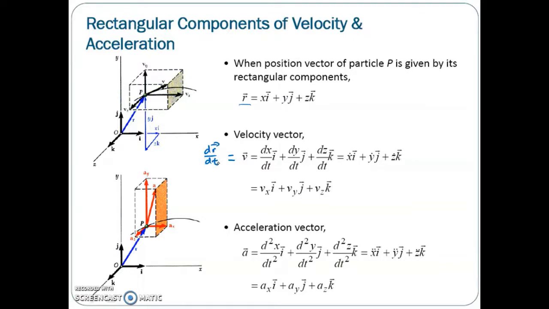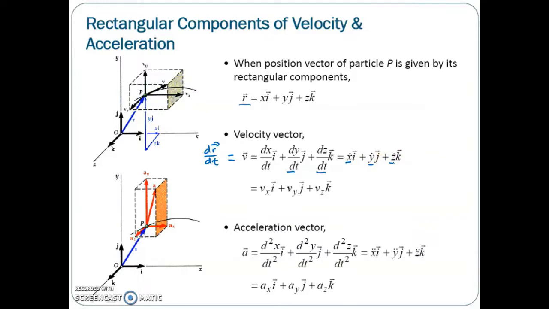Then if we decompose it in terms of the rectangular components, we have dx dt i, dy dt j, and dz dt k. So the first derivatives of x, y, z with respect to t are what we have here, x dot, y dot, and z dot.